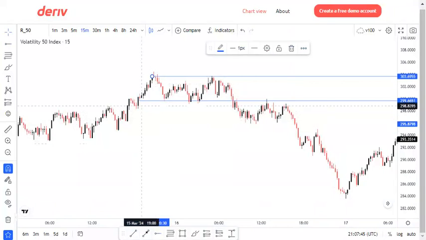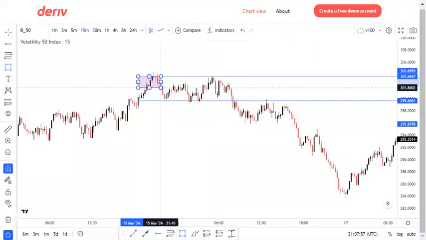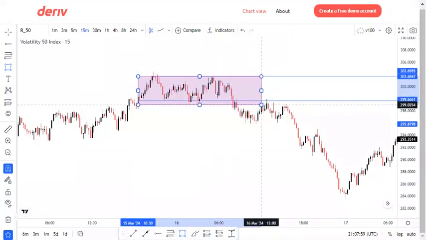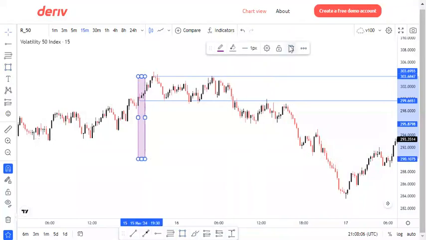So this is a ranging market where the market is forming a high, a low, a high, a low, and is moving in the same spot. And this is a consolidating market structure.